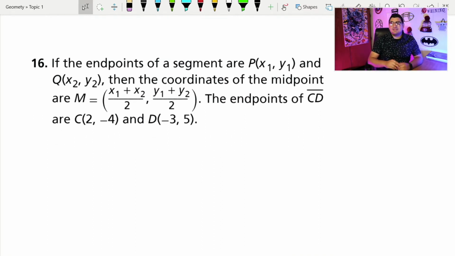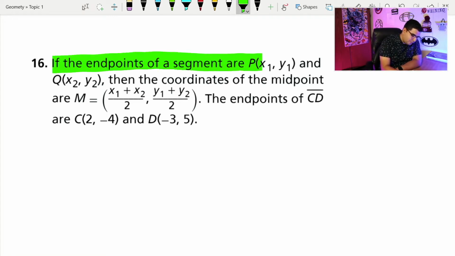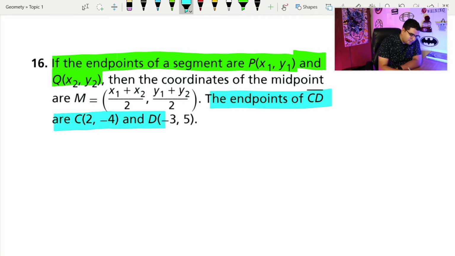In this example, it says if the endpoints of a segment are P and Q, then the coordinates of the midpoint are M, which is our midpoint formula. So we want to see, can we use this statement to come up with the conclusion to the new statement that they want? They are now telling us that the endpoints of CD are C and D. They've given us 2 points.